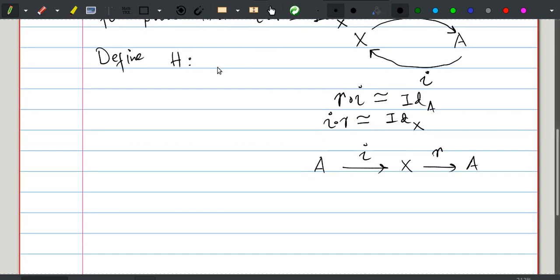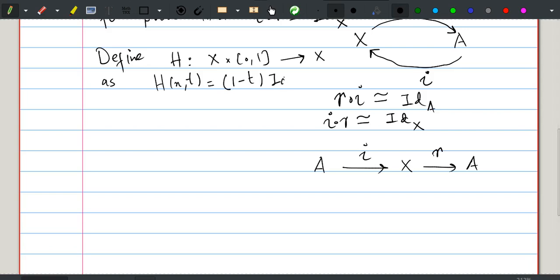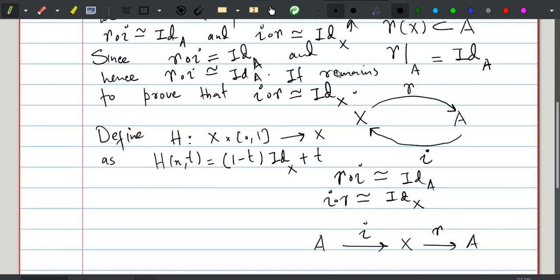Define H from X cross [0,1] to X as H of (x,t) is defined to be (1 minus t) times the identity on x plus t times this map I of R of x. So when we restrict H to 0, we get the identity.